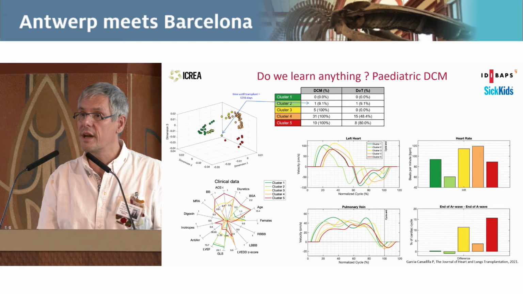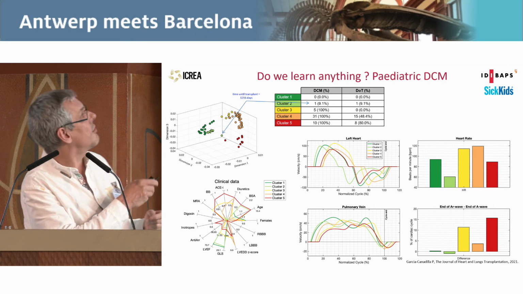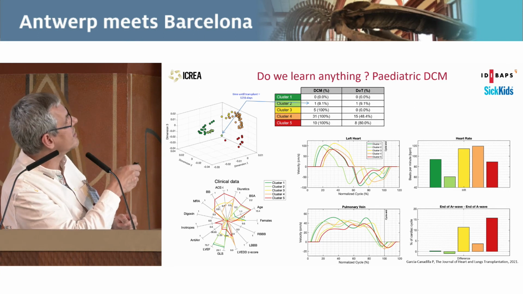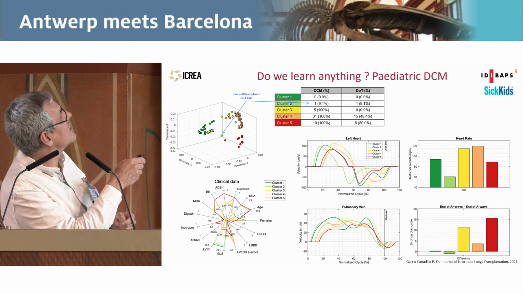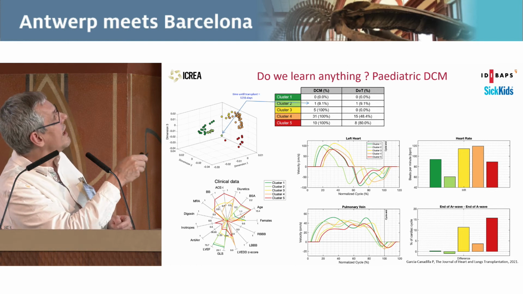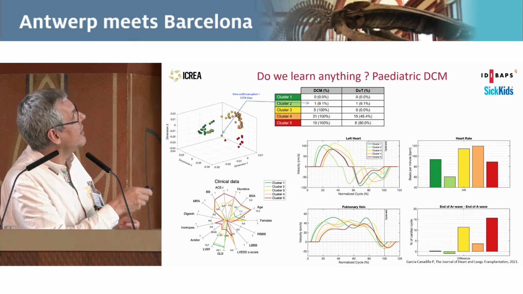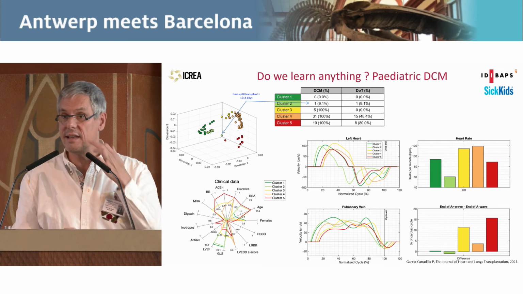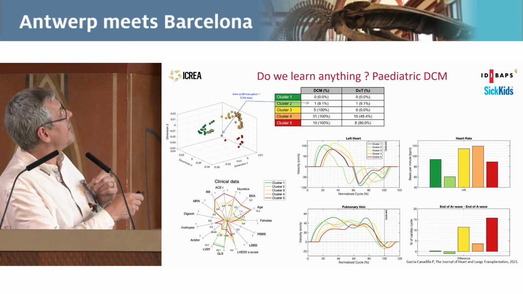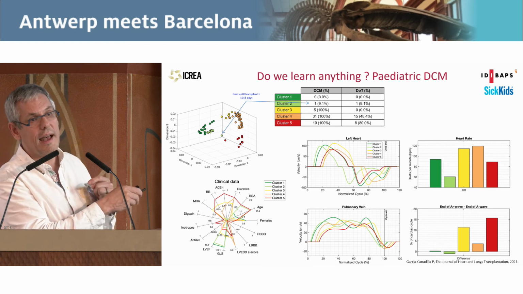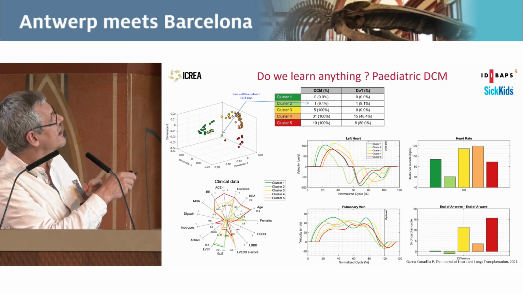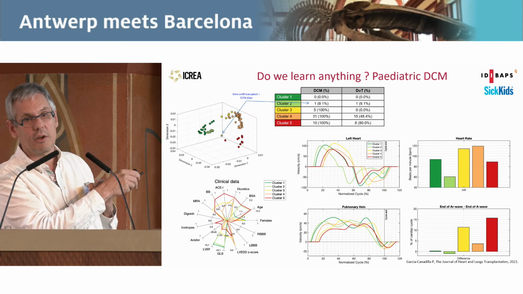But what to me is more interesting is when you group these patients in different clusters, and we know the risk. You see, for example, this red cluster has an extremely high risk for death or transplant. And what is different? Can we understand this? Very briefly, if you look at the outflow and inflow pattern, you see, for example, a very long isovolumic contraction time.